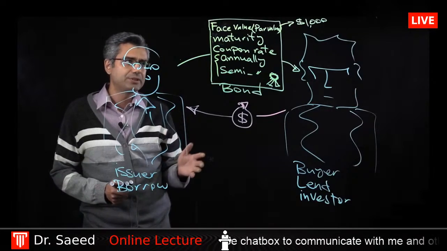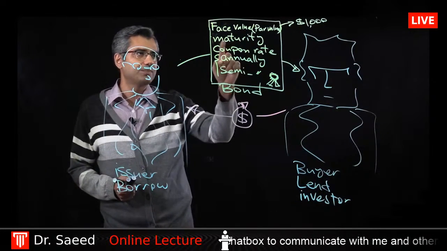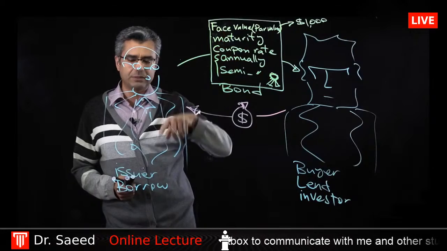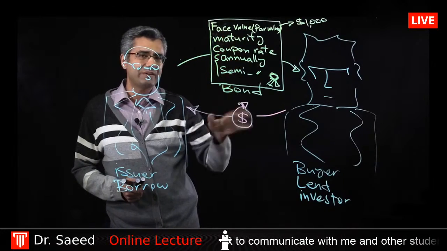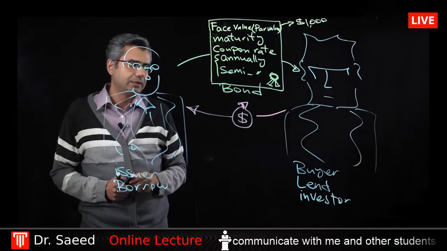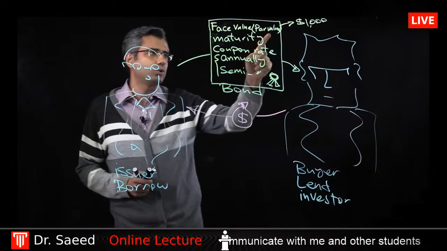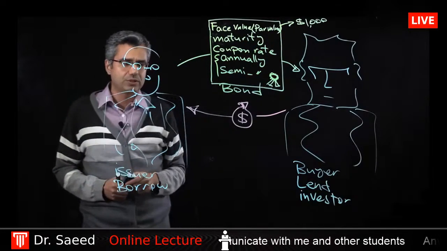And then at the maturity, at the end of the contract, the borrower needs to pay the face value to the investor, which, as I said, for corporate bonds is usually $1,000.